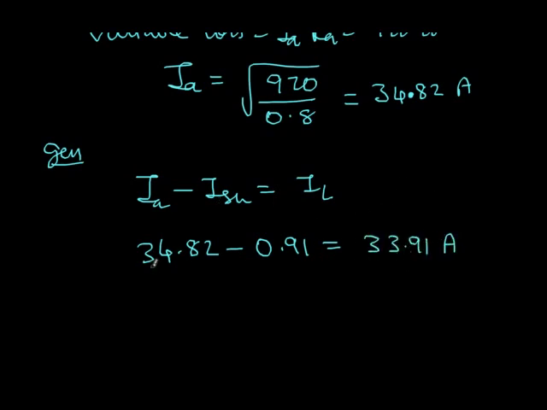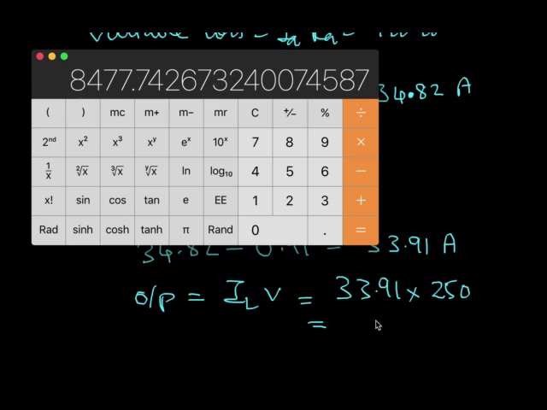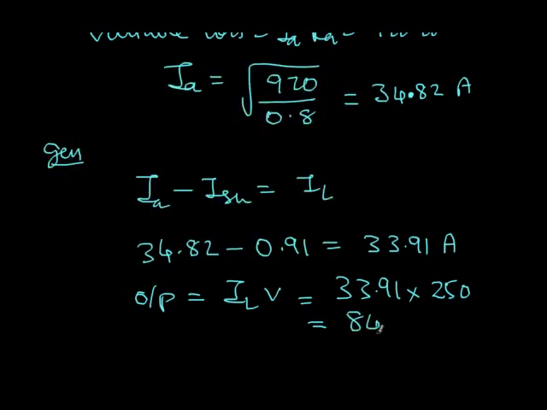This will be the load current, and the output will be IL into V. So that is 33.91 and the rated voltage is 250 volts, so multiplied by 250, that is 8477.7 watts. When operating as a generator, the output, which is electrical for a generator, is 8477.7 watts, and that corresponds to maximum efficiency.